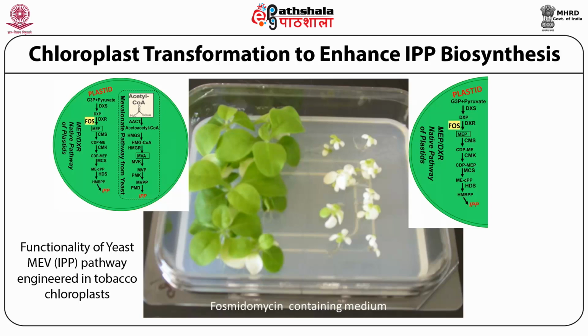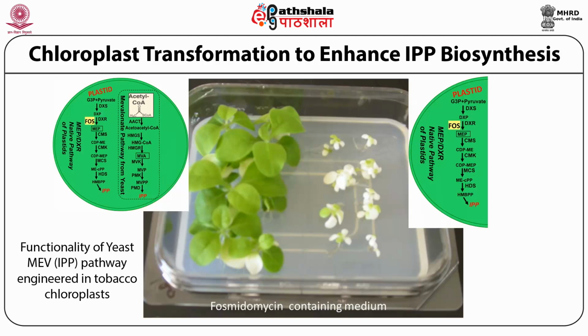If you see the right side, the wild type, because the pathway needed for photosynthesis and chlorophyll biosynthesis has been blocked totally. But the transgenic one, because it contains the IPP pathway from the yeast, the end product IPP is produced, which is needed for chlorophyll synthesis and photosynthesis.